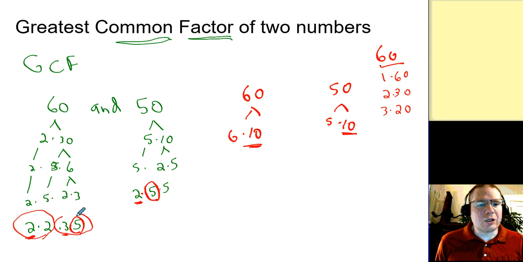So that leaves 3 times 5 is 15. Okay, here's 5. 5 times the rest of this. 4 times 3 is 12. 5 times 12. Okay, 6. 2 times 3 is 6. That leaves the outer ones. 2 times 5 is 10.